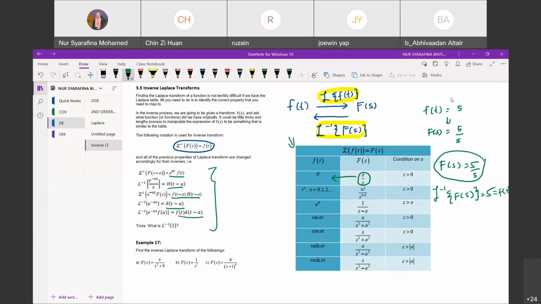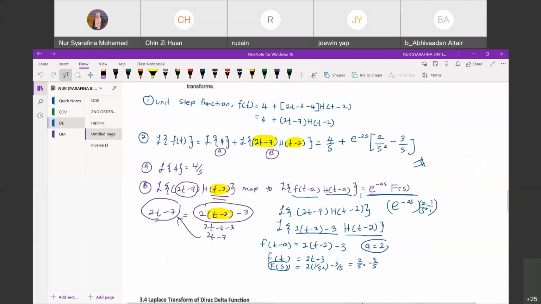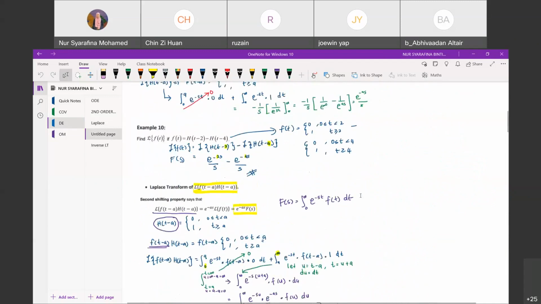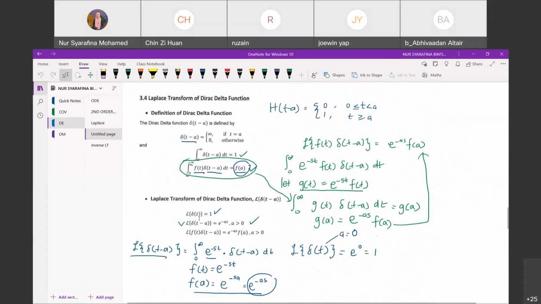So what is the inverse transform of 1? I have explained it in the video. What is the inverse transform of 1? Basically, you can take a look at the delta function here. The transform of the delta function equals 1. So the inverse transform of 1 is what?